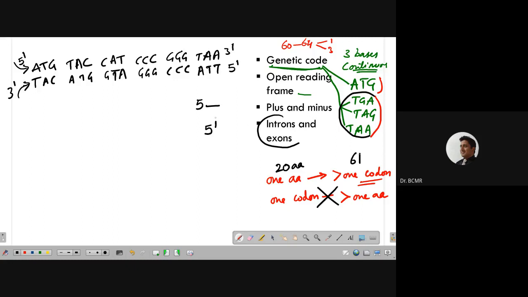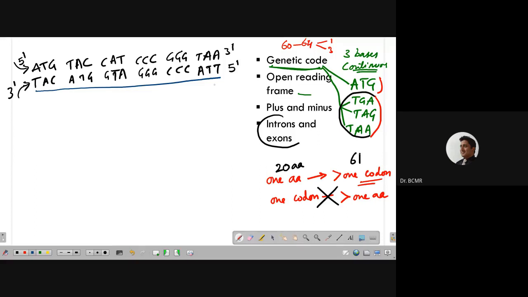So I'm speaking according to the textbook. So 5' is probably the correct one. Try to use the terminology right and say it as prime. I think I already told you this before.